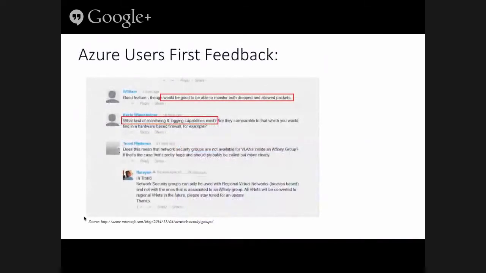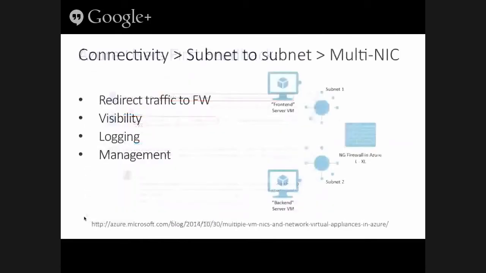So feedback we got also from Azure blogs is like, good, but what about dropped packets or allowed packets? We cannot see anything. So that's where we worked on getting multi-NIC running, which is another feature that was launched.